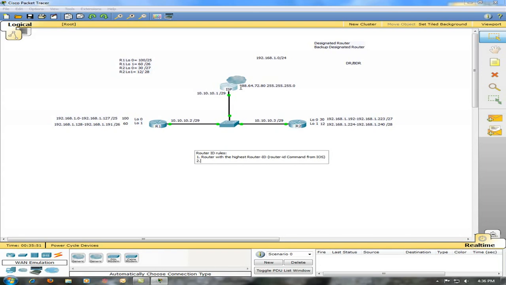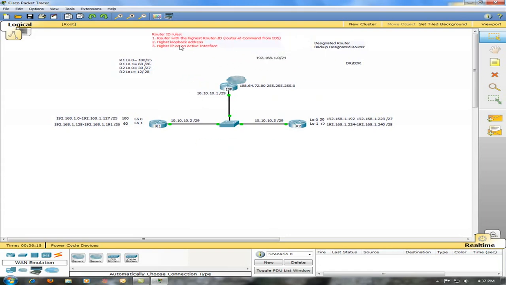Rule 2: highest loopback address, and if that wasn't the case, then you would just use your highest IP on an active interface. These 3 rules determine your router ID. The highest router ID wins an OSPF election.